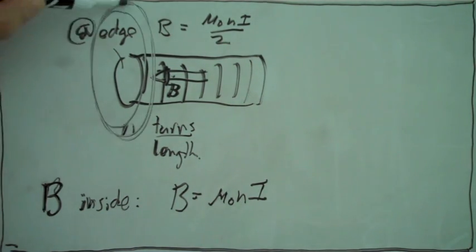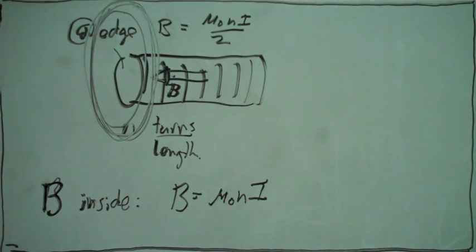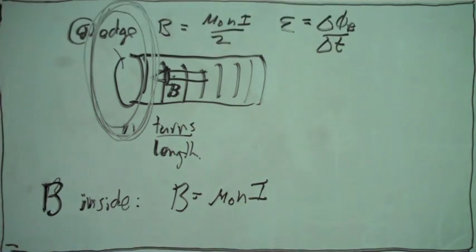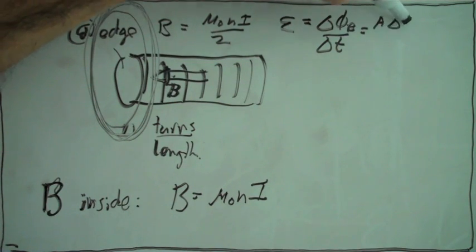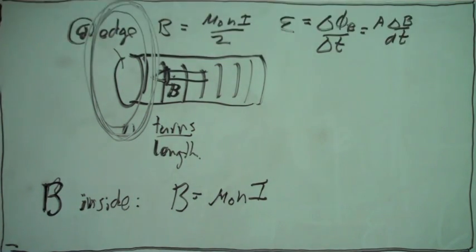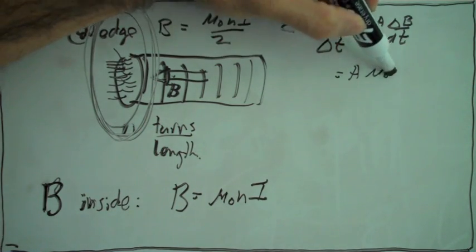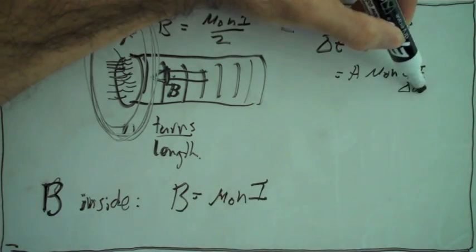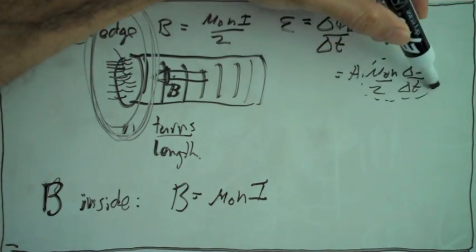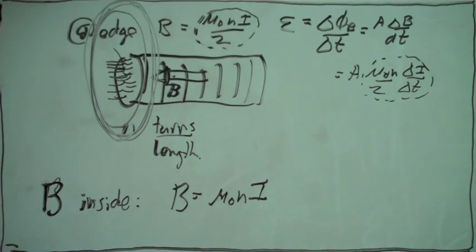And if we have a ring out here, and we want to know the induced EMF in that ring, well, the induced EMF is the change in magnetic flux with respect to time. The flux is the area times the magnetic field. So the area is this area where the magnetic field exists, times the magnetic field in that area, which is just the magnetic field produced by the inner solenoid.